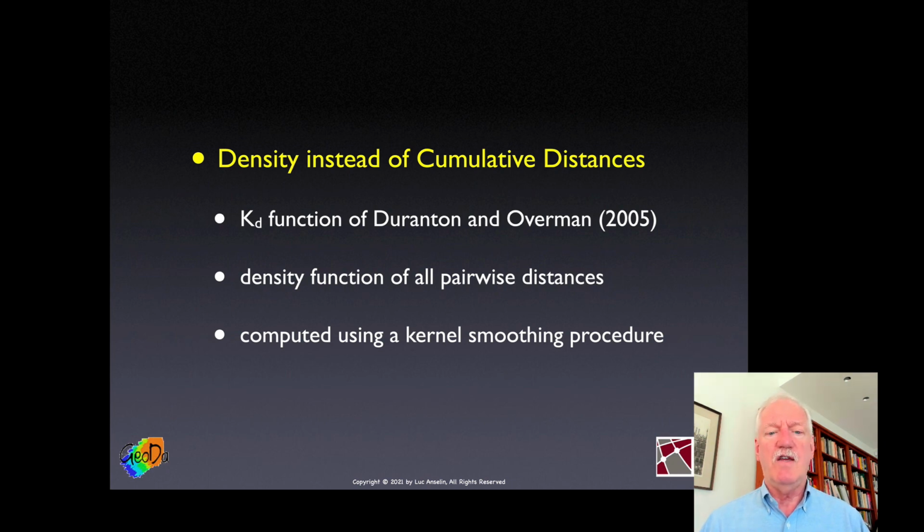This is the KD function. We won't actually be using it, but I want you to know that it exists, and it was used in the example in economic geography by Duranton and Overman, looking at manufacturing distributions.